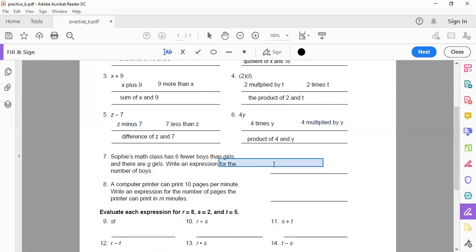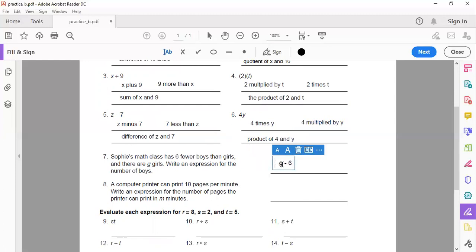So how are we going to write this expression? Am I going to write it as 6 minus G? Do you think it's 6 minus G? Of course not. If there are more girls, how can it be 6 minus the girls, right? It cannot be. So you have to be very careful and attentive when you're writing this. It has to be G minus 6 because there are more girls than boys.